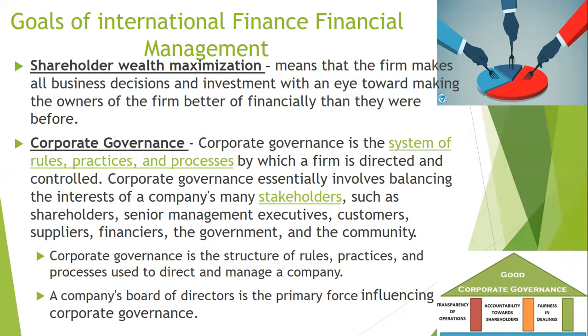Shareholder wealth maximization means that the firm makes all business decisions and investments with an eye toward making the owners of the firm better off financially than they were before. So if their wealth in the previous year is 100 and this year it is 200, that is shareholder wealth maximization.